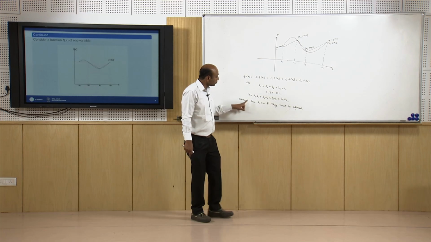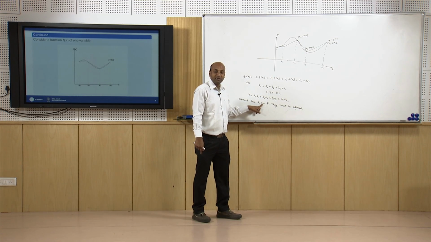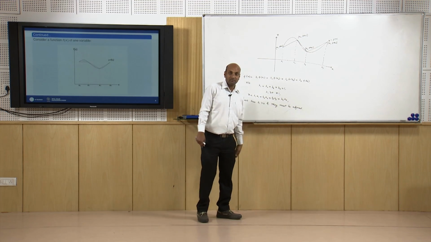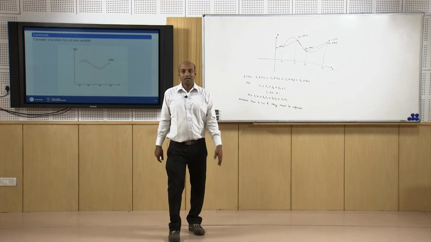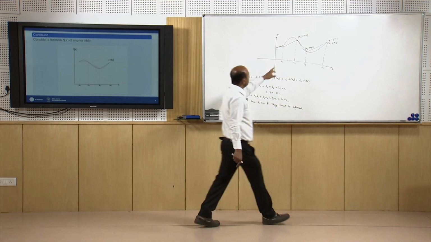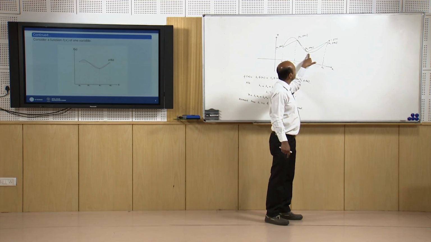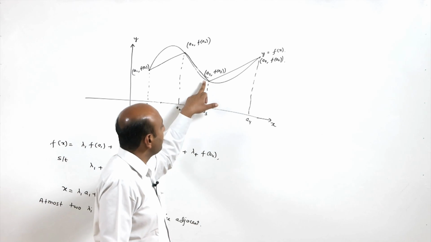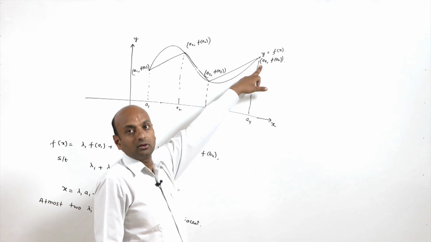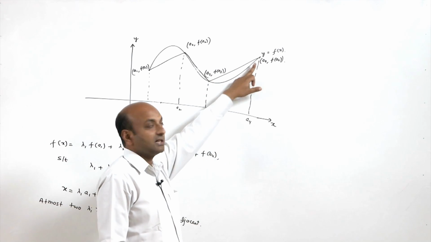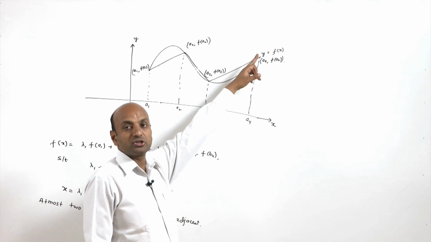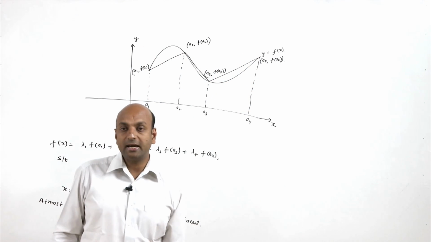That is why at most 2 lambda i's must be greater than 0 and they must be adjacent. Either these two or these two or these two. If it is optimal over here, only lambda 3 and lambda 4 are important. They are adjacent, lambda 3 and lambda 4, and they must be positive. All others must be 0 in that case.